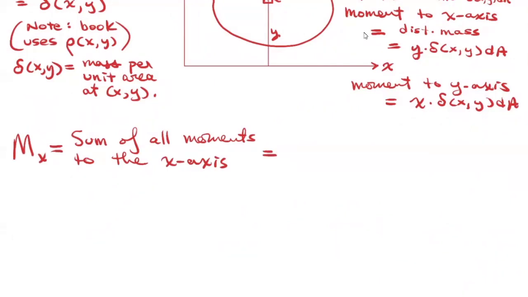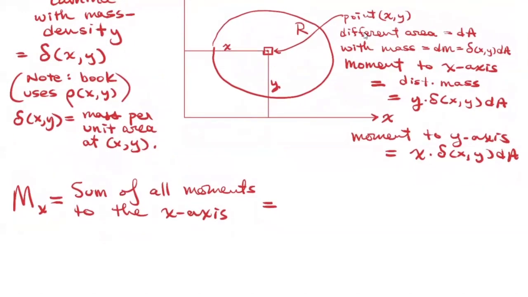Okay. And so you would just take a moment for one differential area. The moment is y times delta of x, y, dA. And you have to add these up, but you're adding over 2 dimensions. So this is a double integral over the entire region R.